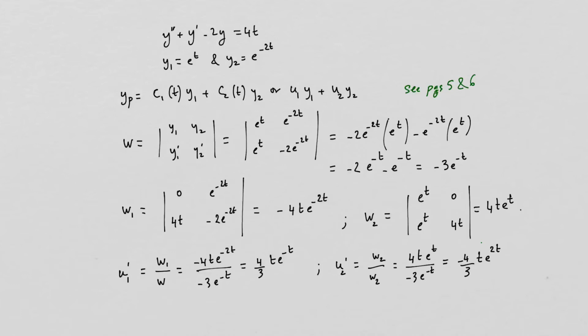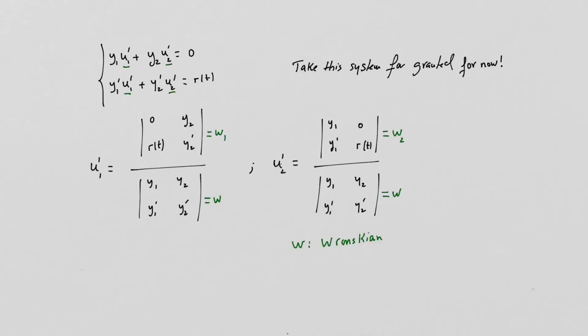So what is the Wronskian? If you go back here, the Wronskian is this, isn't it true? And the top is this, and the top for u2 prime is this. So I have to remember 0, r of t, y2 prime.